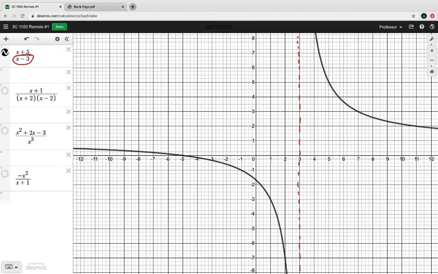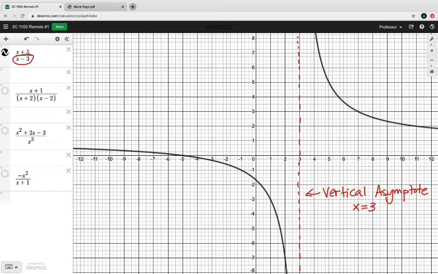So that vertical line is what we call a vertical asymptote. And we write it as the equation of a vertical line, x equals 3. A vertical asymptote is not part of the graph. It's not a y-coordinate part of the graph, but it is a barrier for the graph.